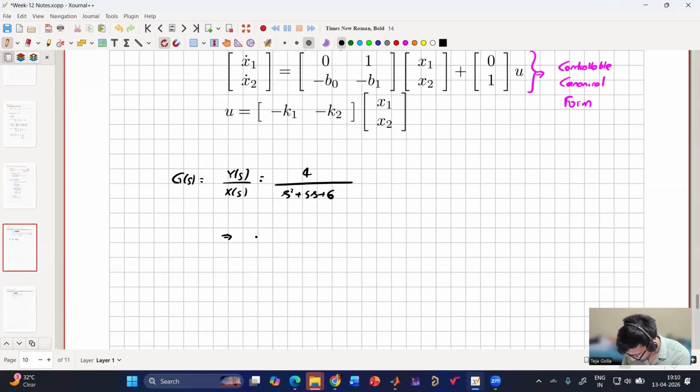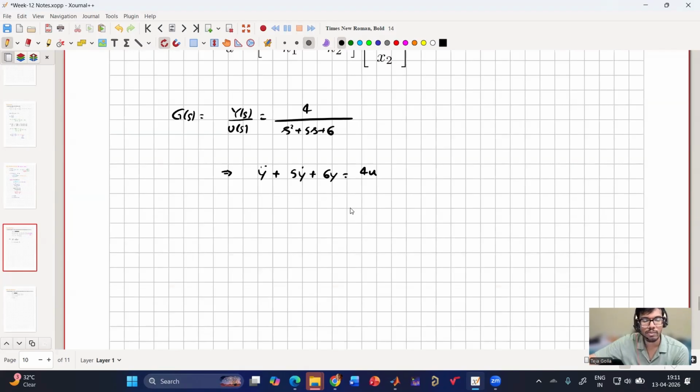So we'll have y double dot plus 5 into y dot plus 6y is equal to 4 into x. Or I think this will make us more confused, so I'll write it as y of s by u of s because of the input. So now it will be simpler. So y double dot plus 5y dot plus 6y is equal to 4u.